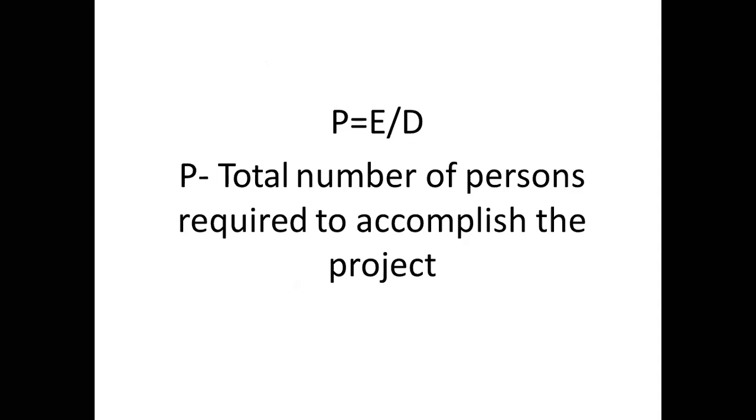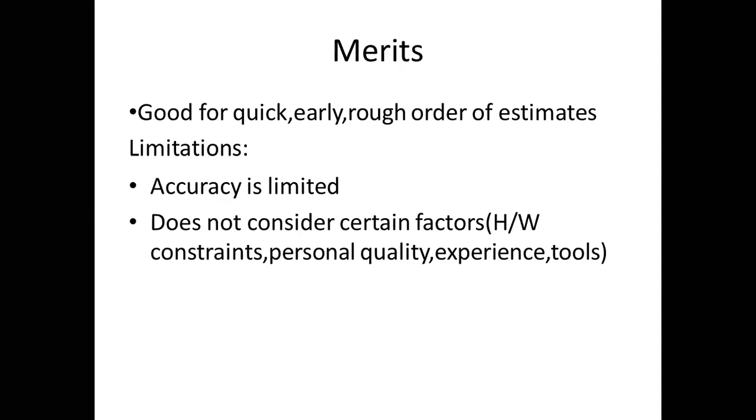Here we are calculating person months and here only months, so P is equal to E by D. So P is E, that is PM, and what is this, M cancels, so the answer will be P, persons. Number of persons required to complete the project.